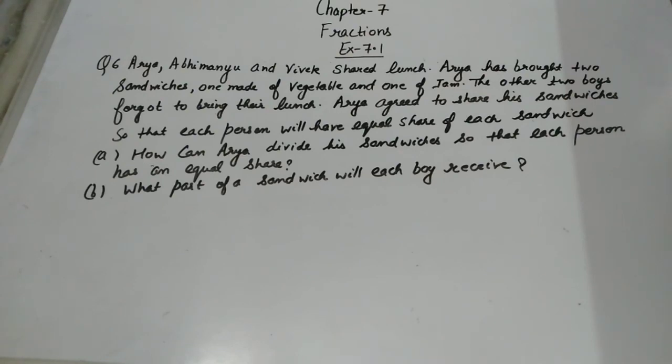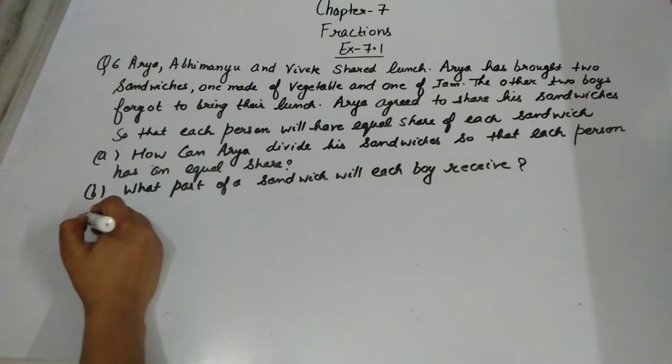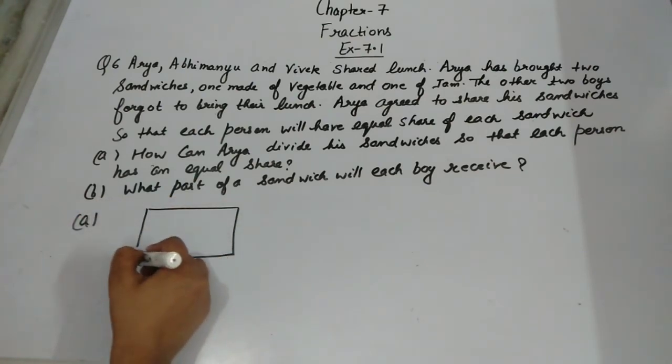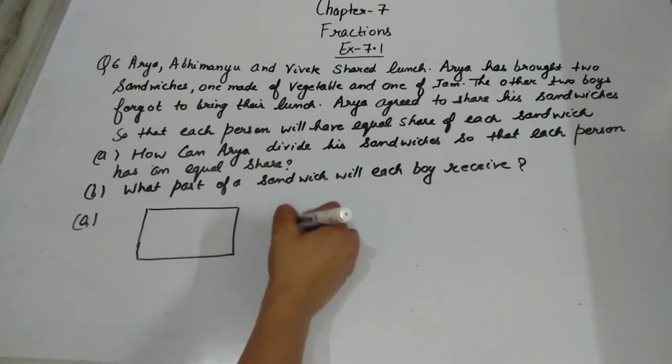In the A part you have to find out how Arya can divide his sandwiches so that each of the friends gets an equal share. Let us see the A part. There are two sandwiches which Arya has brought.